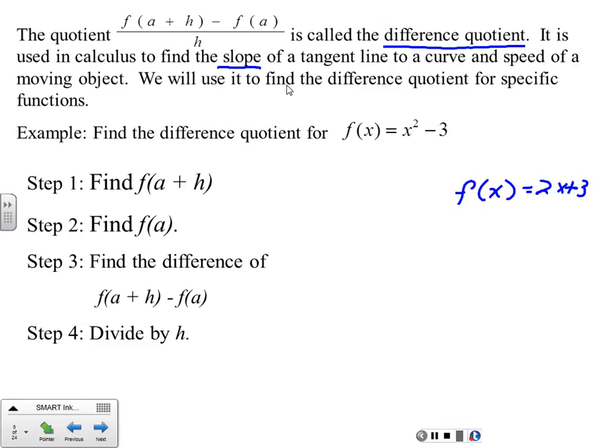If you miss the connection I'm trying to get you to understand right now, you're going to take the difference quotient, apply it to the function, and spend 2 minutes doing a whole lot of algebra to come up with 2. Or you can just know the slope of the linear equation.